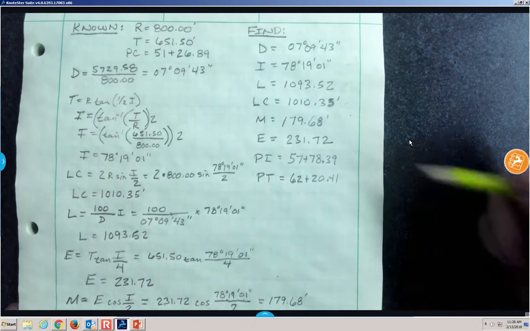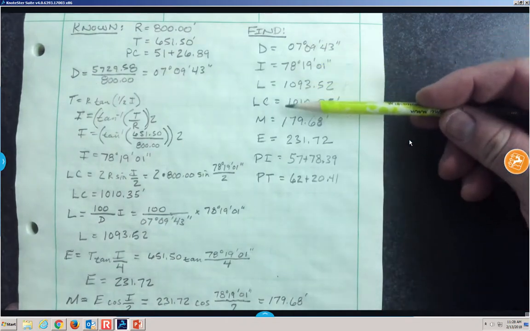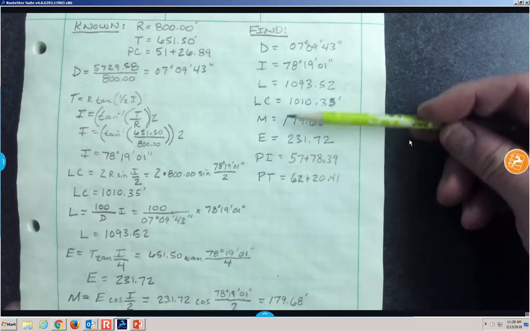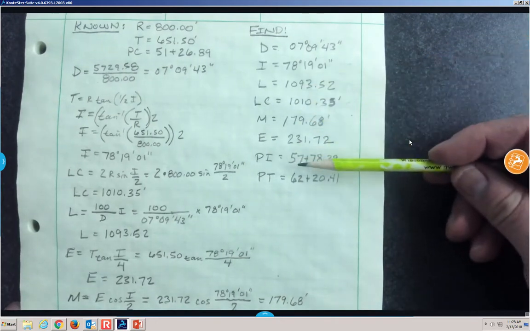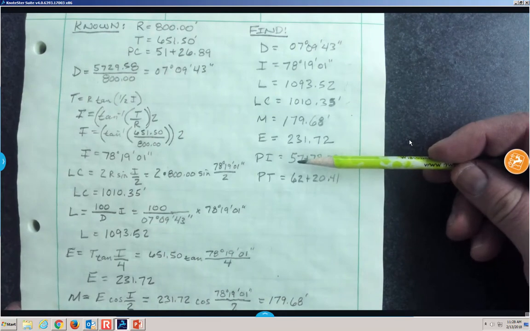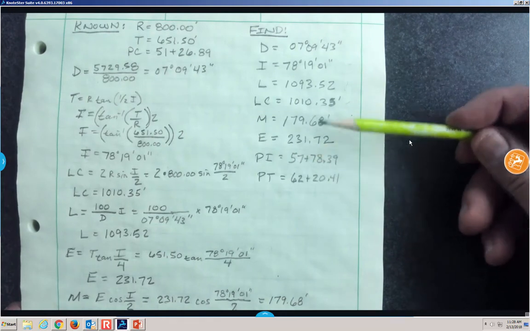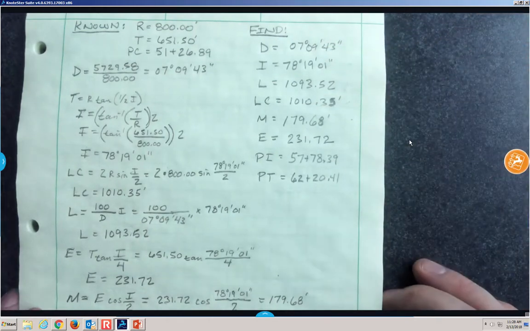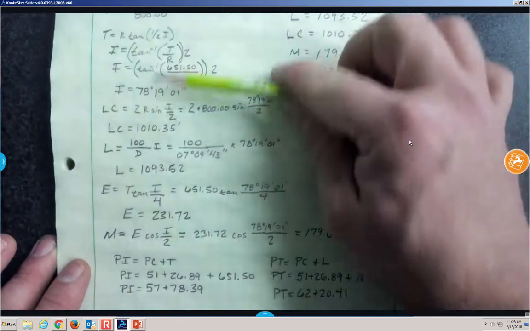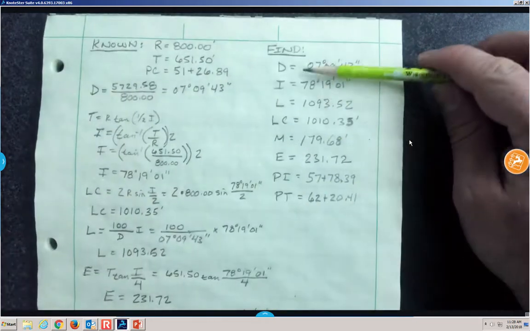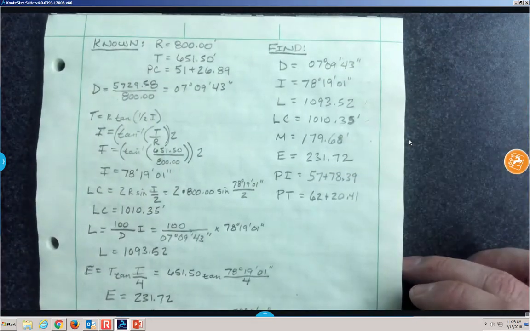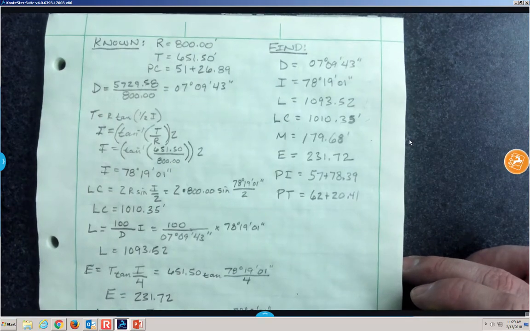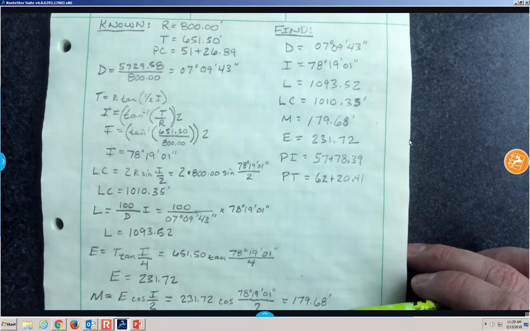Notice how I'm laying out these problems. The reason I lay them out like this, where I write what I'm finding, is because I'm hoping that when you do your homework, you do the same thing and you're nice to me. I don't want to hunt and peck through formulas for the answer. If you give me the answers just like I structured this, with your work over here and an area just for the things I want you to find, it's going to make it a lot quicker for me to grade.